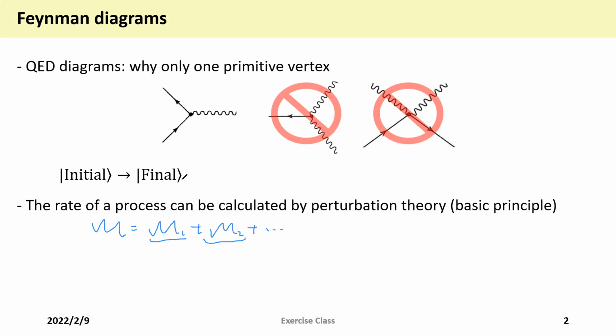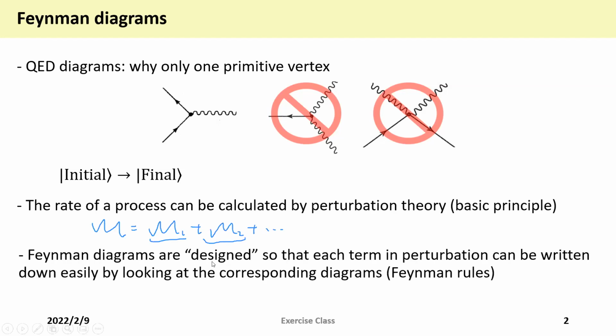Because the calculation is very tedious and not so intuitive, Feynman designed the tool of Feynman diagrams so that each term in the series can be written down easily by looking at the corresponding diagram. These are called the Feynman rules, which you will learn later in this course.